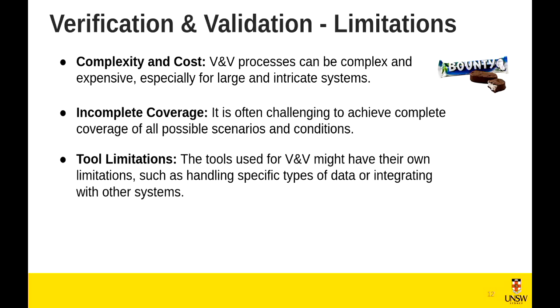And the third problem is called tool limitations. Because we are not doing everything manually, we use some automated tools, but each one of these tools could have its own limitations. For example, coming back to Boeing's case, it is very hard to find the bug with testing, because these are considered cyber-physical systems. It's like how we test autonomous vehicles.